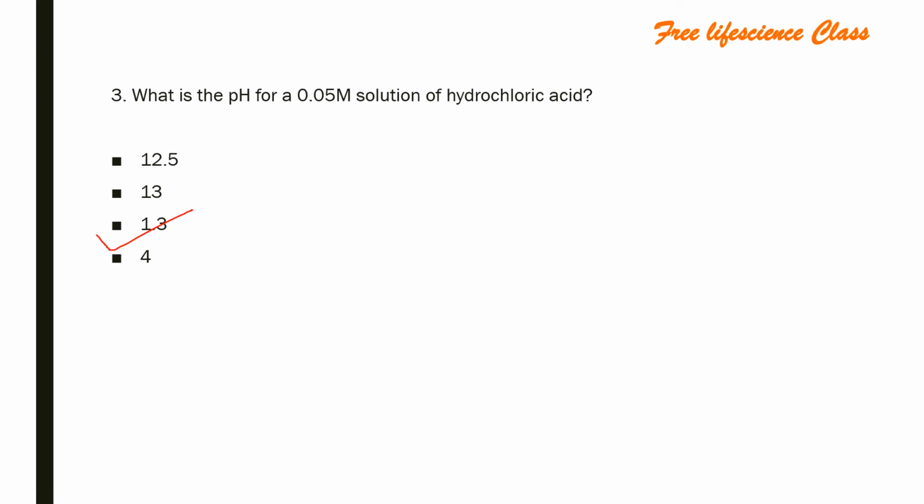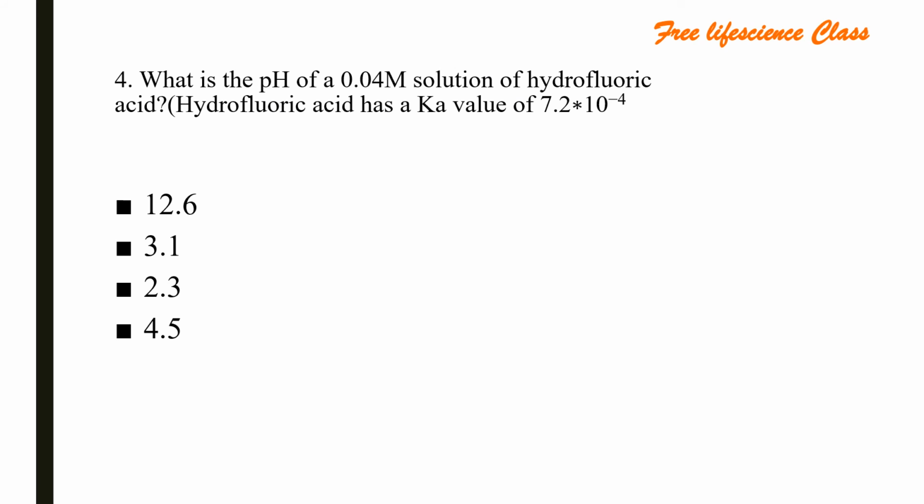It is somewhat twisted. So this is a question. It is different from the previous questions. So please be careful. So what is the pH of a 0.04 molar solution of hydrofluoric acid? And it is given the equilibrium value, that is Ka value of 7.2 into 10 raised to minus 4 for hydrofluoric acid.